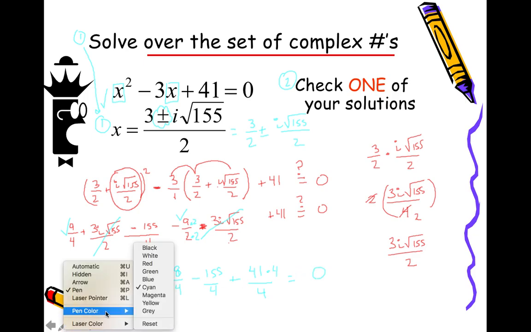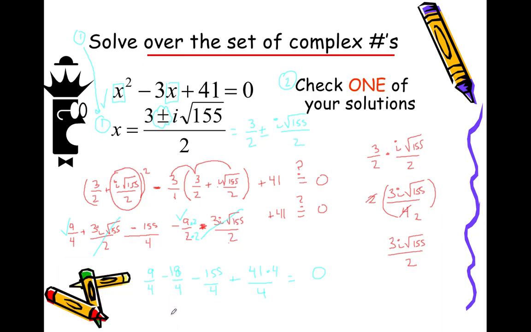What is that? Nine minus 18 is negative 9. Negative 9 minus 155 is negative 164 over 4 plus, what is 41 times 4? Oh, snap! 0 does equal 0, therefore, what must be true?